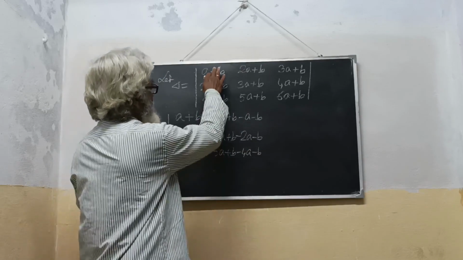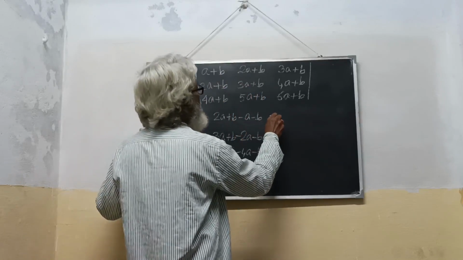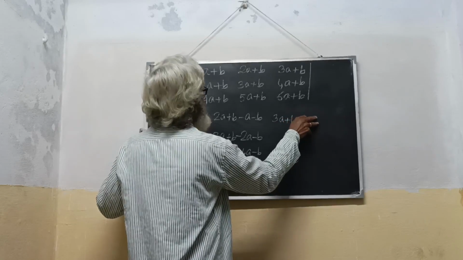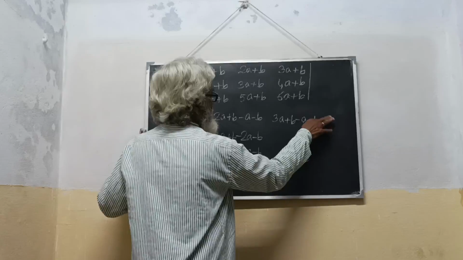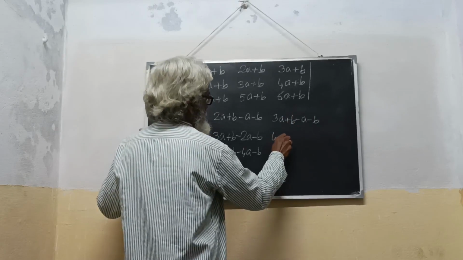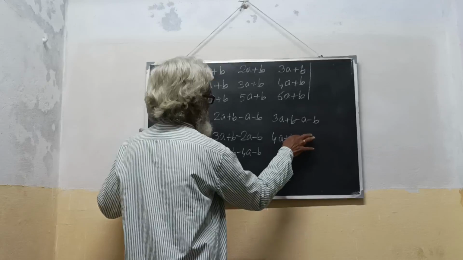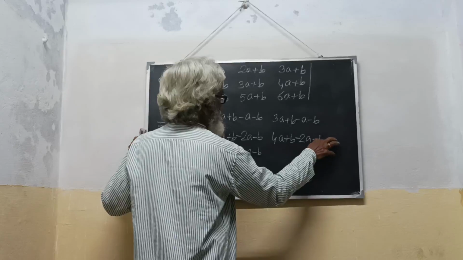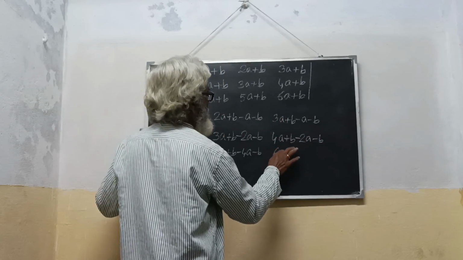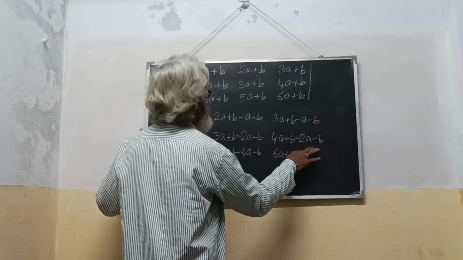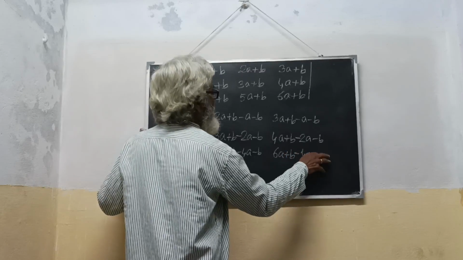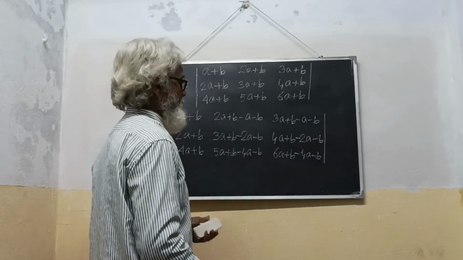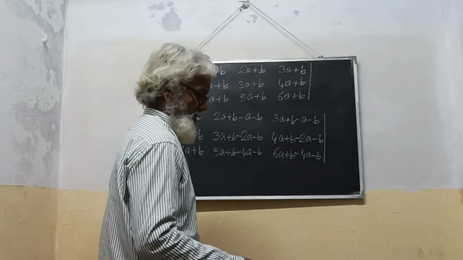Then you subtract these elements from the elements of the third column also: 3a plus b minus a minus b, 4a plus b minus 2a minus b, 6a plus b minus 4a minus b. And you write the operation made on the right side of this resulting determinant.